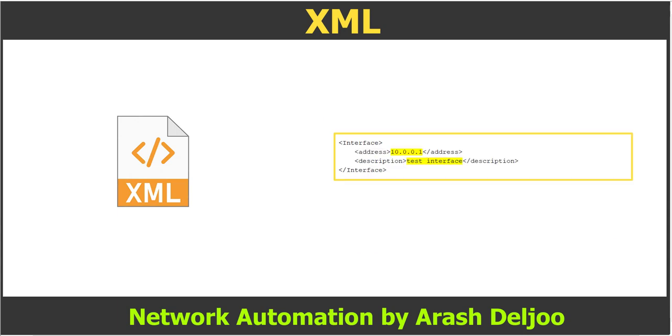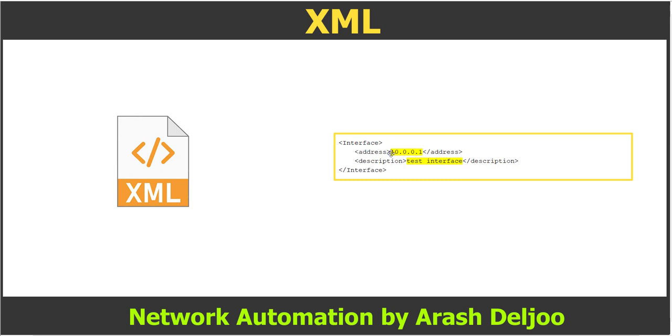Each XML element can contain data between the opening and closing tags. In this example, you can see that the IP address 10.0.0.1 is associated with the address tag, and there is also a description. Here we have interface, and then address. The address and description are siblings.